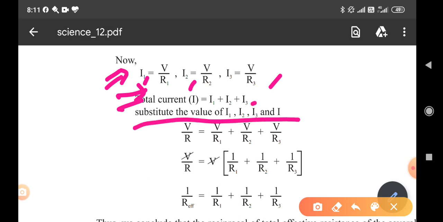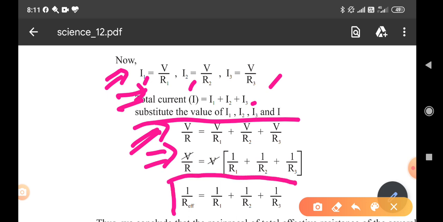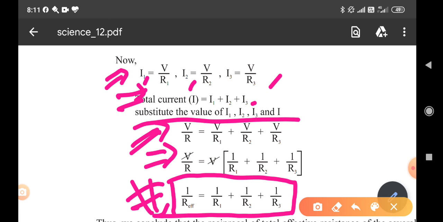Substituting the values of I1, I2, I3 and I in this, we got V upon R equal to V by R1 plus V by R2 plus V by R3. On taking V common from the right side and cancelling, we got 1 by R equal to 1 by R1 plus 1 by R2 plus 1 by R3.